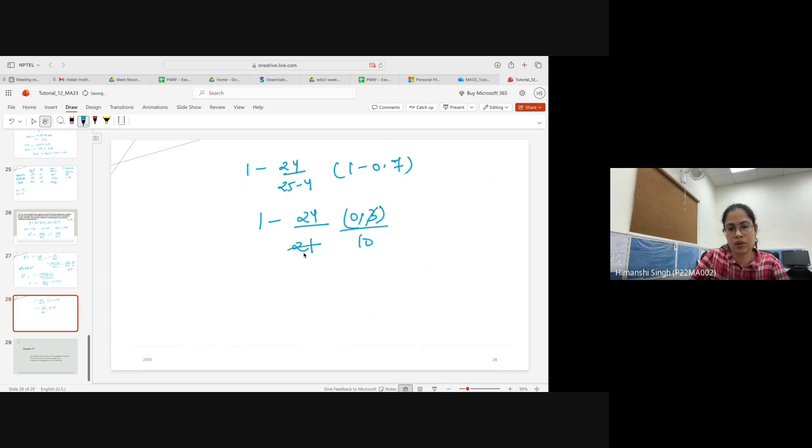So it is 1 minus, or I can say 70 minus 24 divided by 70. So that will be 46 by 70.